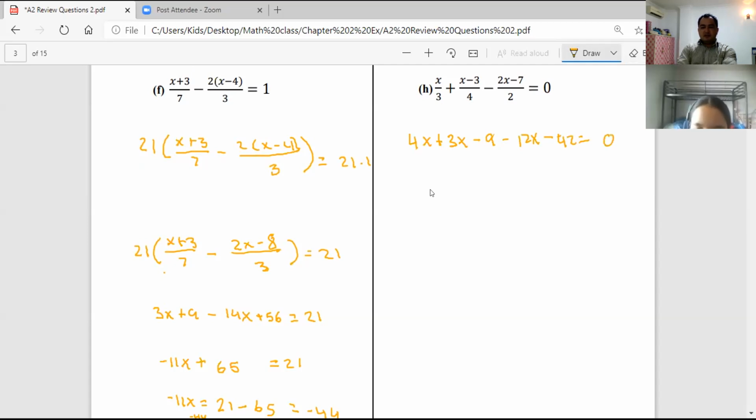Yeah, Shahina, again, you see, you're a bit confused. Here, minus, it is plus, right? It is plus 42, because in front of the fraction it is minus. Okay, very good.